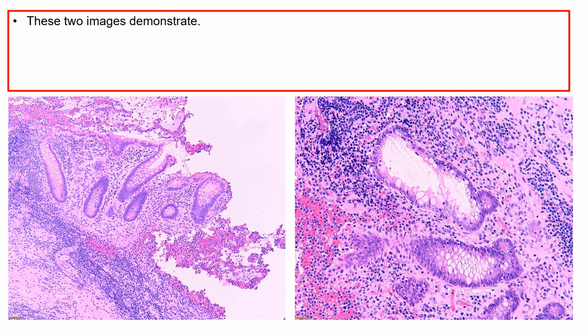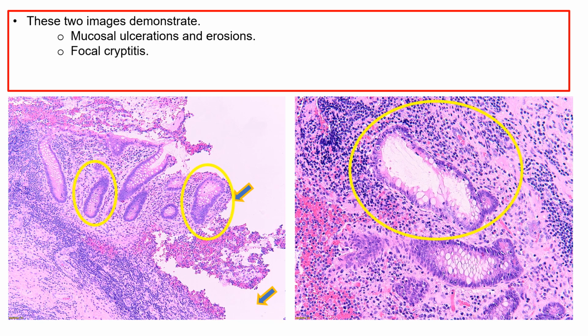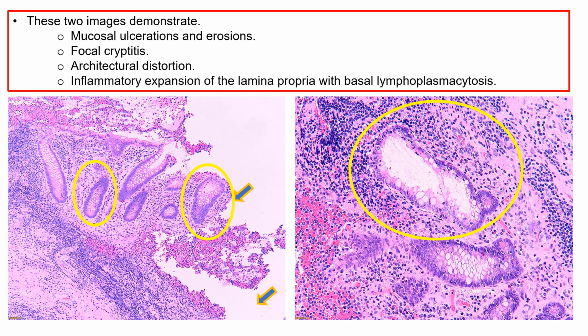These two images demonstrate mucosal ulcerations and erosions, focal cryptitis, architectural distortion, and inflammatory expansion of the lamina propria with basal lymphoplasmacytosis.